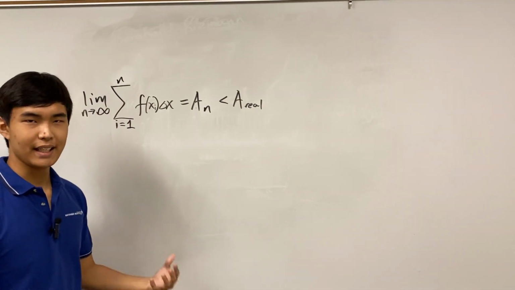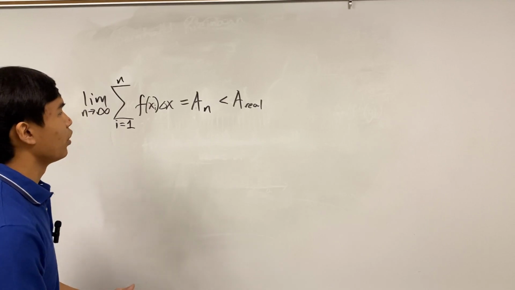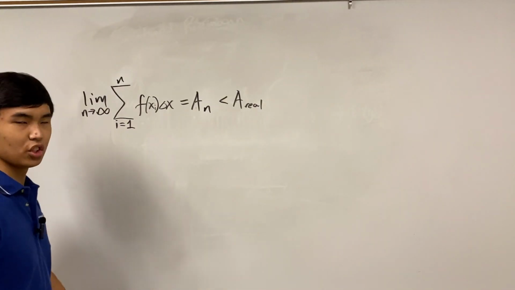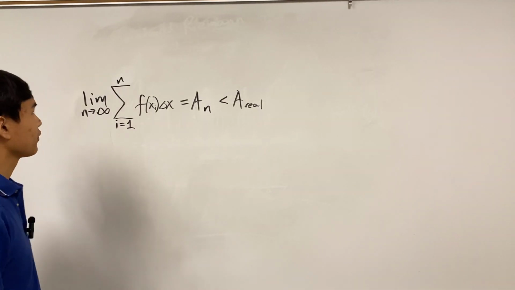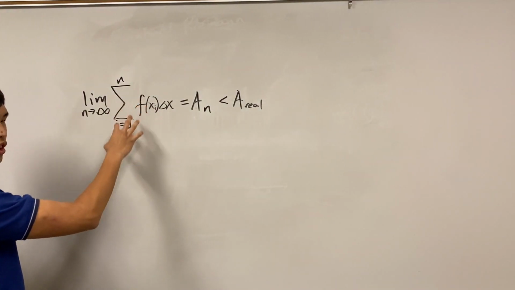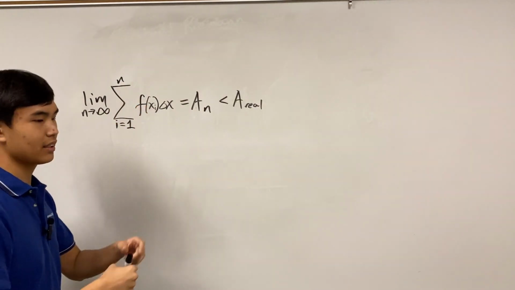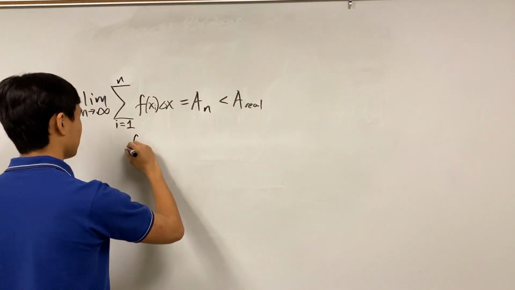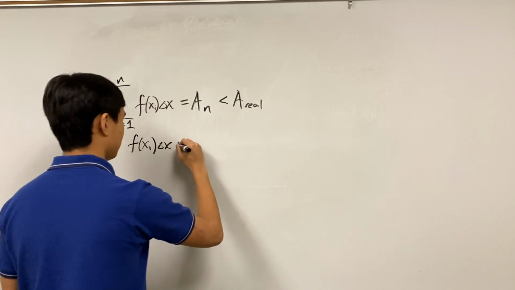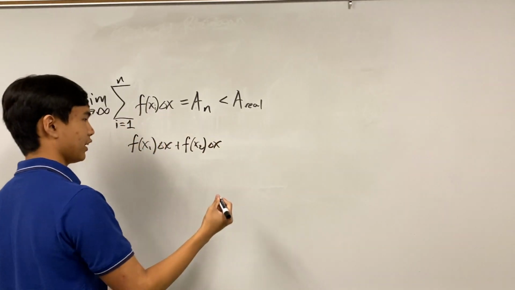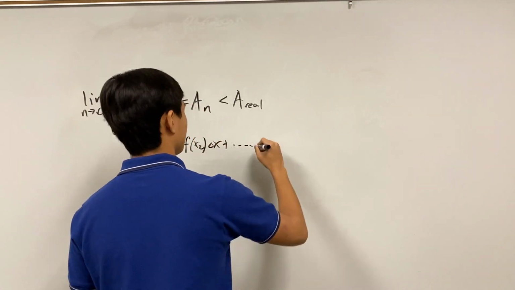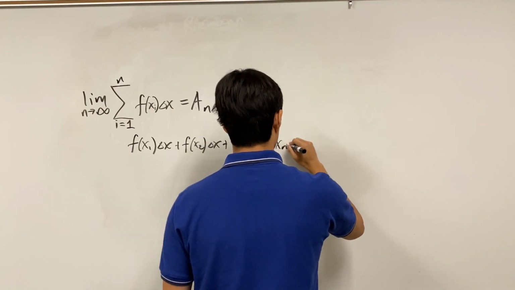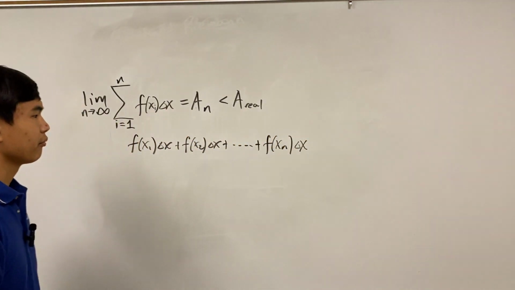But how do we actually get the real area? Well, if we want the real area, we have to change how we're adding. Right now, using the summation sign, we're adding discrete areas. Like we're adding one rectangle, two rectangles, all the way until we add n rectangles.